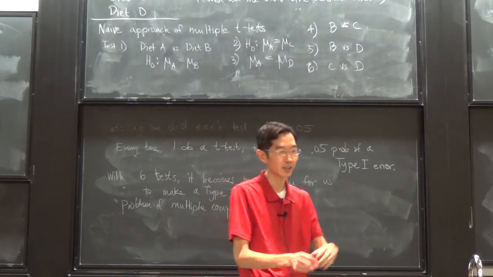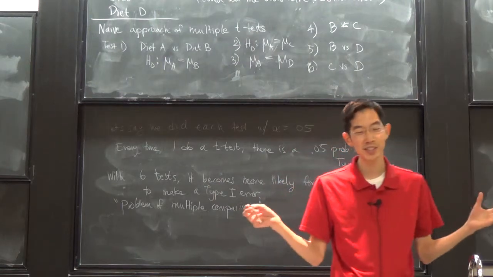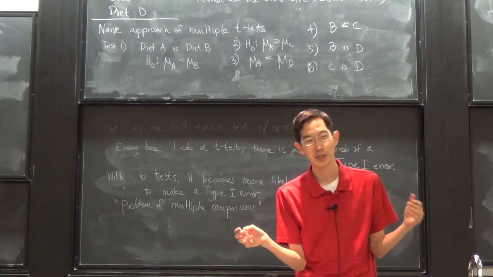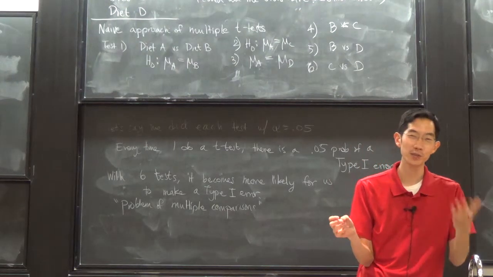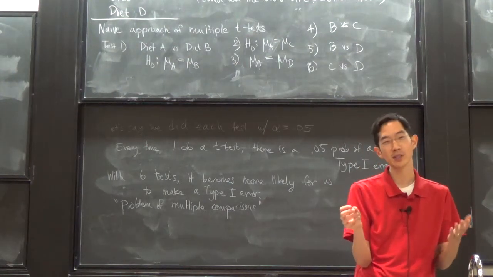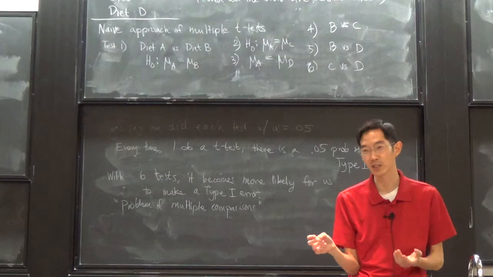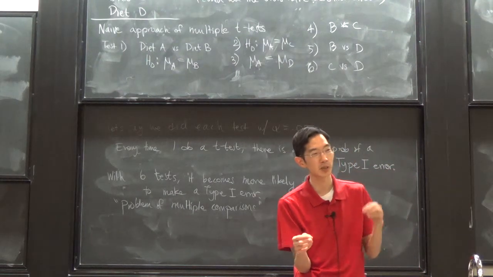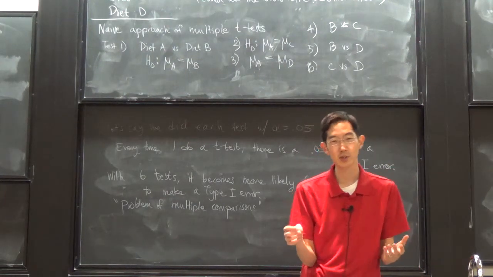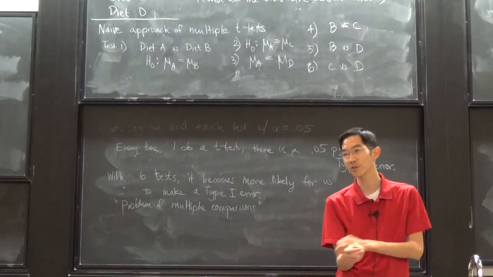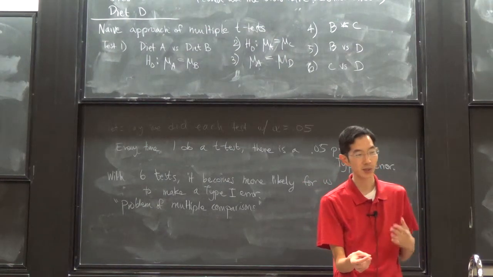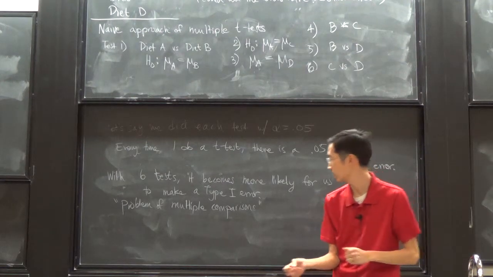So either you have no evidence that any group is different, or at least one of the groups is different. But ANOVA will not be able to tell you which group is the one that's different. Okay? By looking at the data, you might have a suspicion as to which group is the different group, but ANOVA itself will not be able to tell you which group is the one that's different.